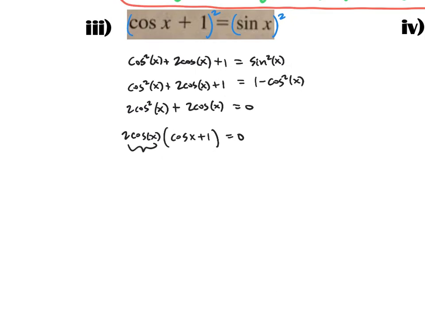If I set 2 cosine of x equal to 0, that's true when x equals 3 pi over 2 or pi over 2. Okay, and likewise, cosine of x plus 1 equals 0 when cosine of x equals negative 1. And so that would be true when x equals pi.